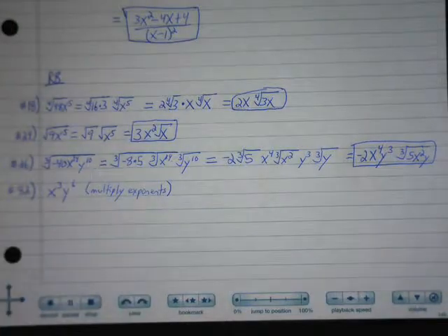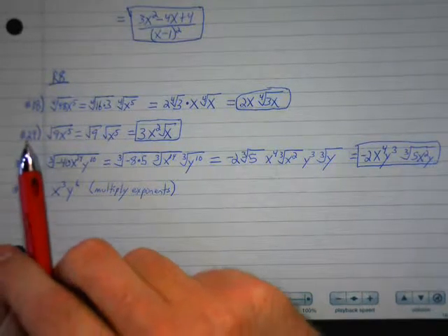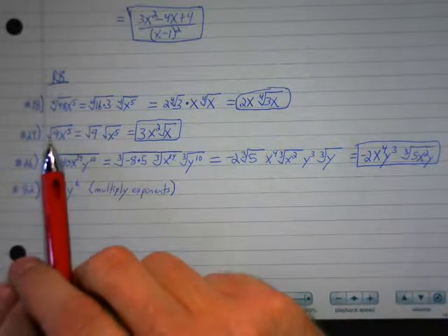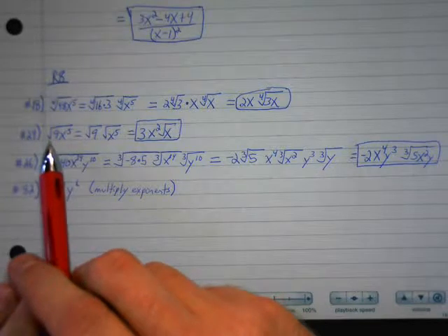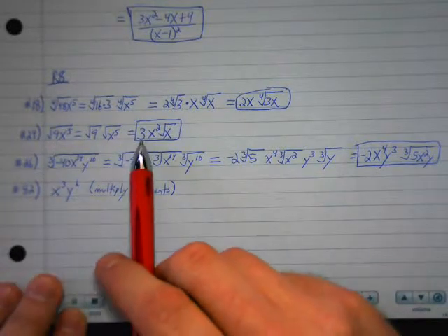Okay, R8 was simplifying radicals. And if you look at number 24, that's a good one to look at. When you take the square root of 9x to the 5th, the idea is you want to square root each piece. So square root the 9, that'll give you 3.